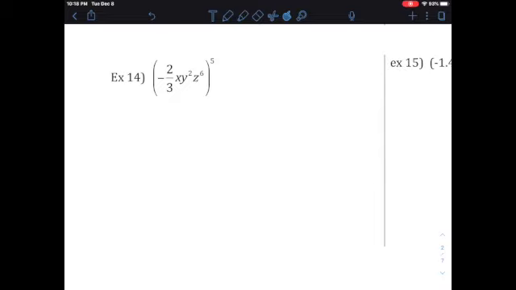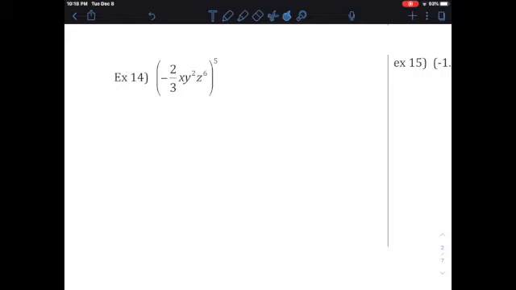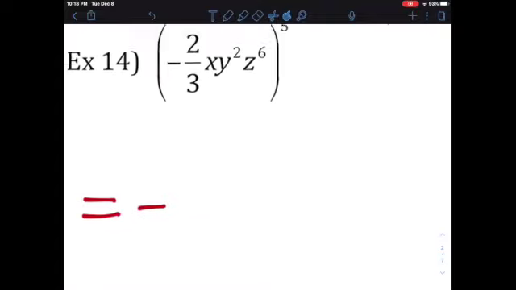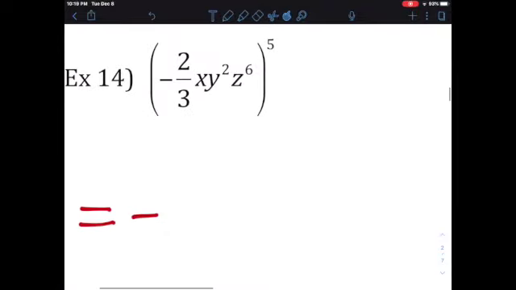For the next one, I know how much you guys hate fractions, but I want you to think about it. This is a base to the fifth power, that means everybody in the parentheses gets 5 of them. So I really have 5 negative signs. That's negative. I also have 2 over 3, 5 of them.